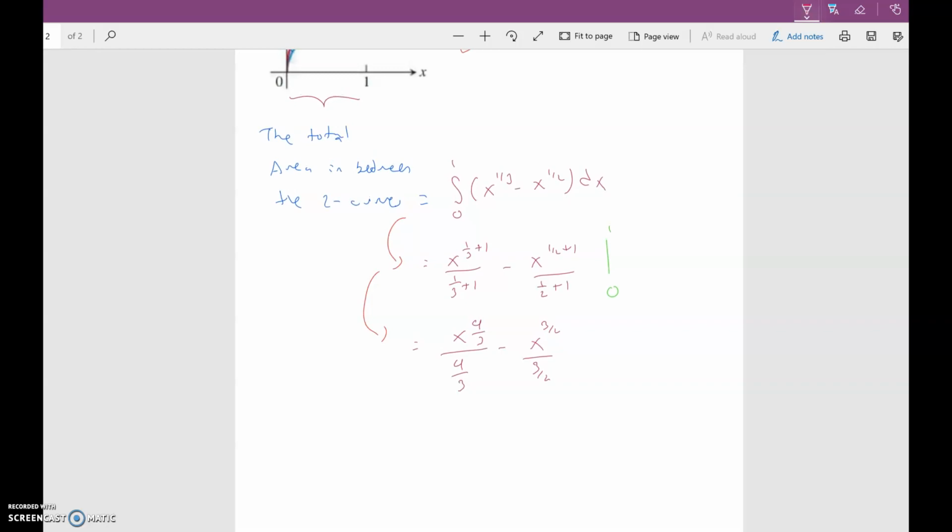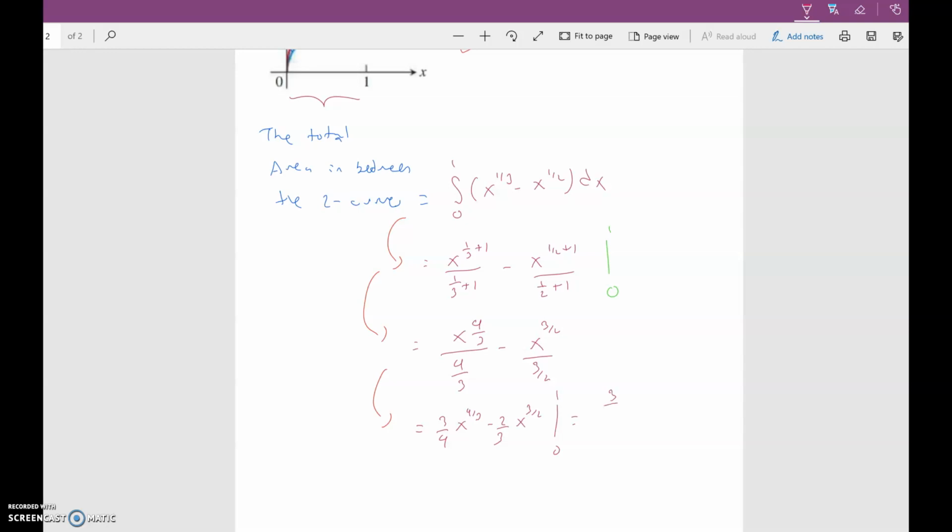Simplifying this, I'm getting 3/4 x to the 4/3 minus 2/3 x to the 3/2 evaluated from 0 to 1.